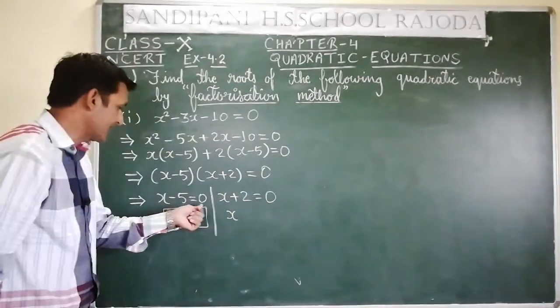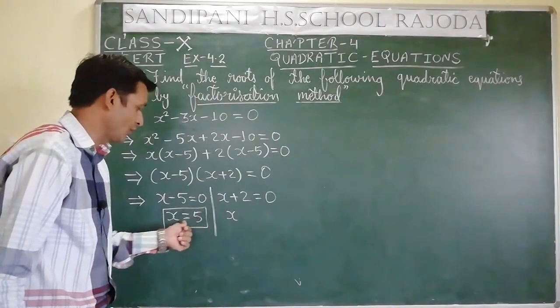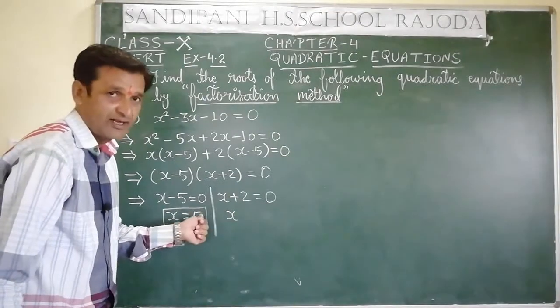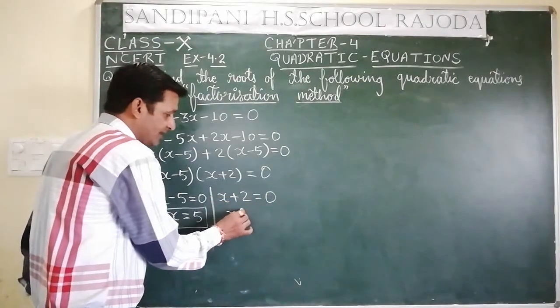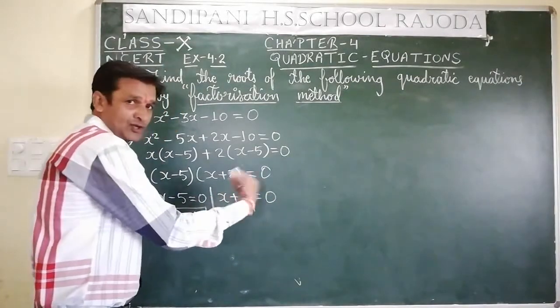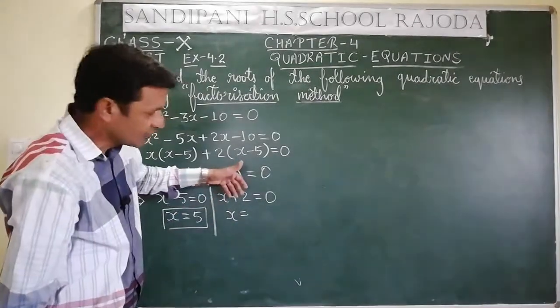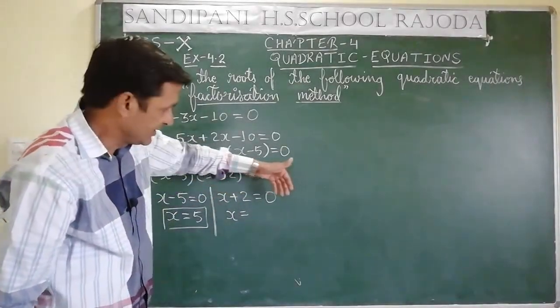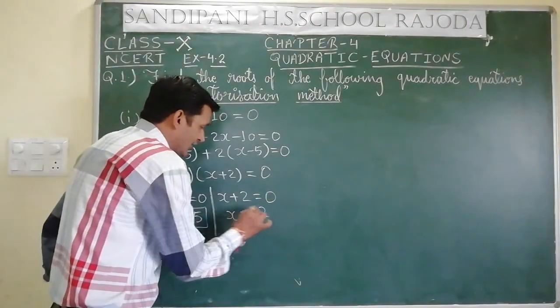So x is equal to 0 plus 5, that is x is equal to 5. Now x plus 2 is equal to 0 means x is equal to 0 minus 2, because it is positive 2 in LHS. If we transpose it from LHS to RHS, it will become negative 2. So here x is equal to minus 2.